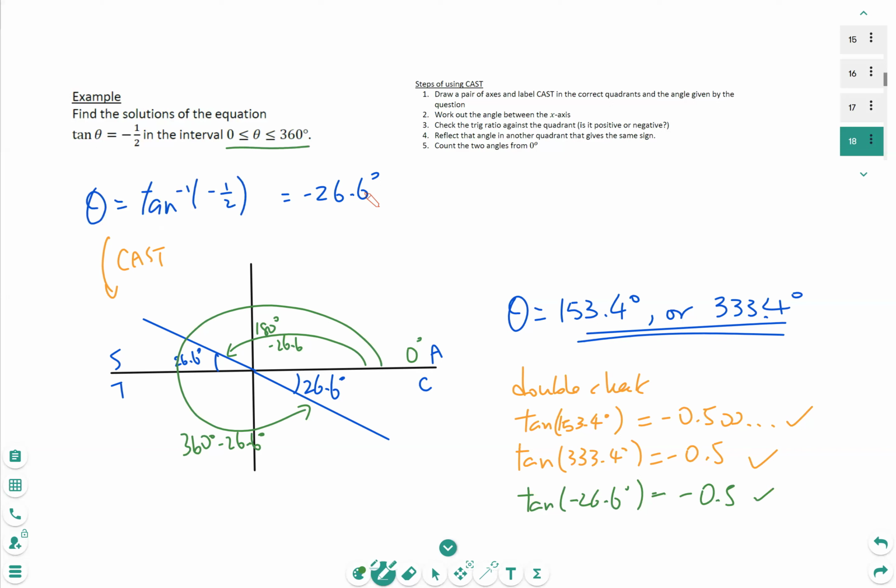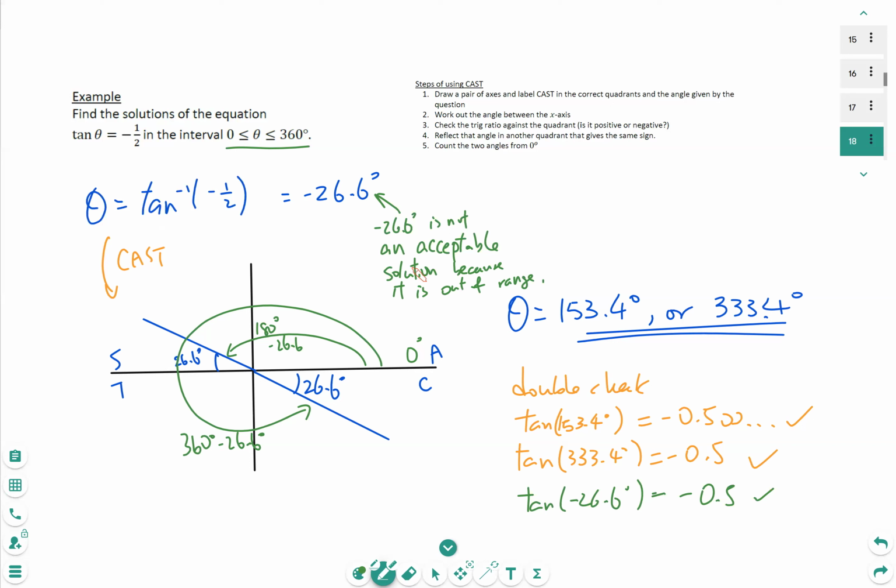Because theta is between 0 and 360 degrees. So minus 26.6 degrees is not an acceptable solution, because it is out of range. Sorry about my writing; it gets a bit mushy when I'm so excited to do maths. The range is from 0 degrees to 360 degrees.